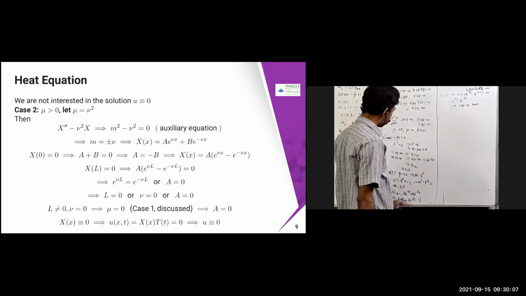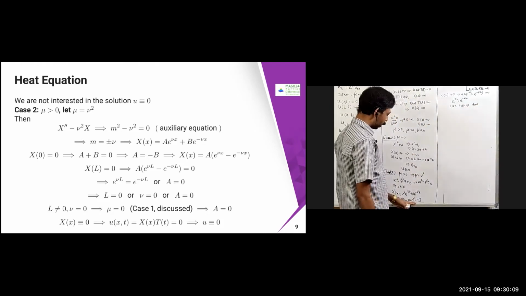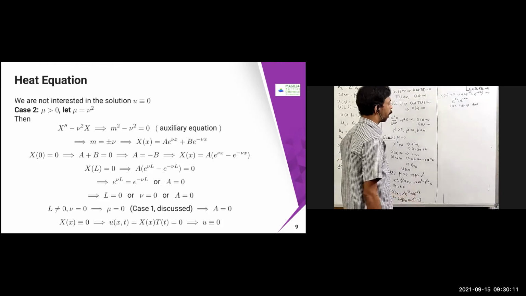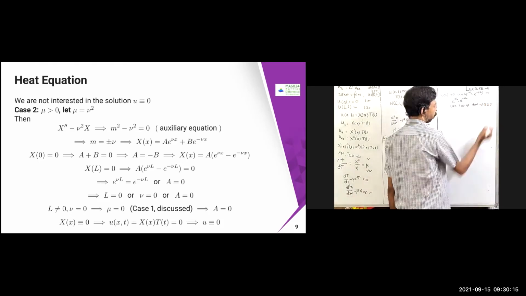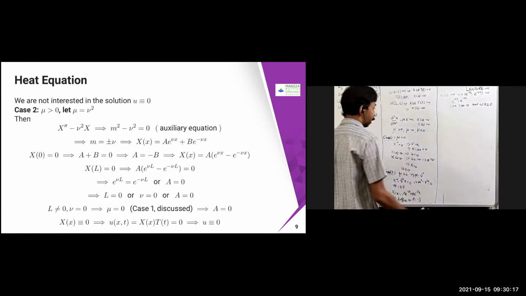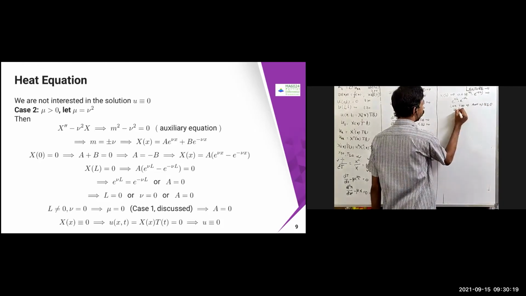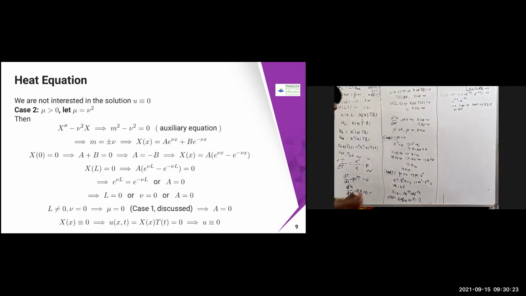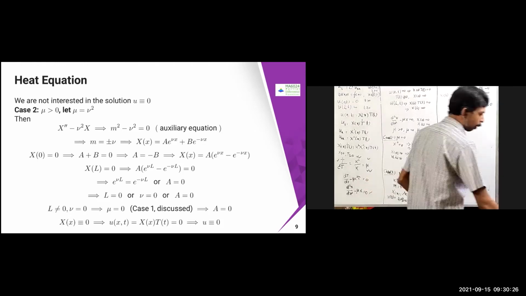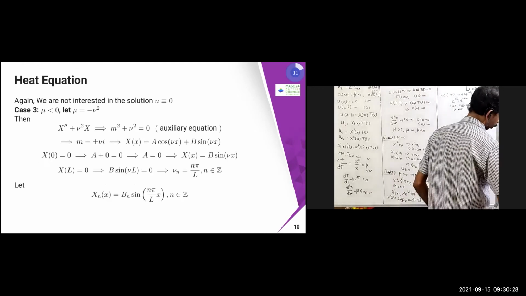If A equal to 0, then automatically B equal to minus A, so this is going to become 0. So this is going to imply X is simultaneously 0, and U is equal to 0. Therefore, I'm not interested in this solution also.